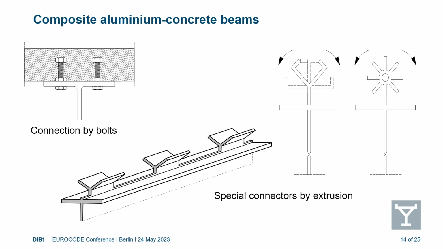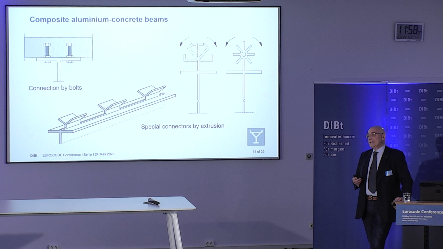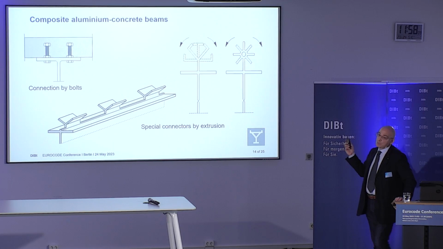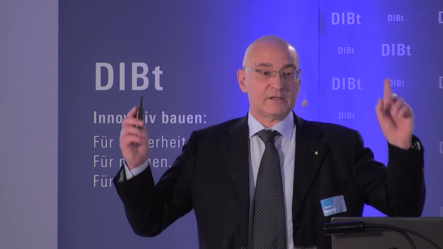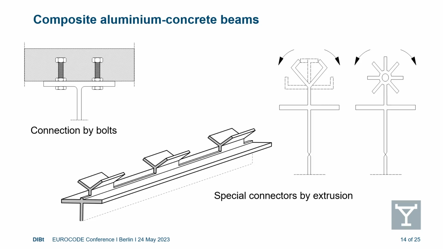It may be quite strange to combine aluminium with concrete for a number of reasons, but there are some applications in which this typology has been appreciated, namely the restoration of existing old bridges, in which the use of aluminium girders instead of steel girders has been preferred in order to reduce the weight on the existing piers. So there's a number of applications in which this structural category can be useful.